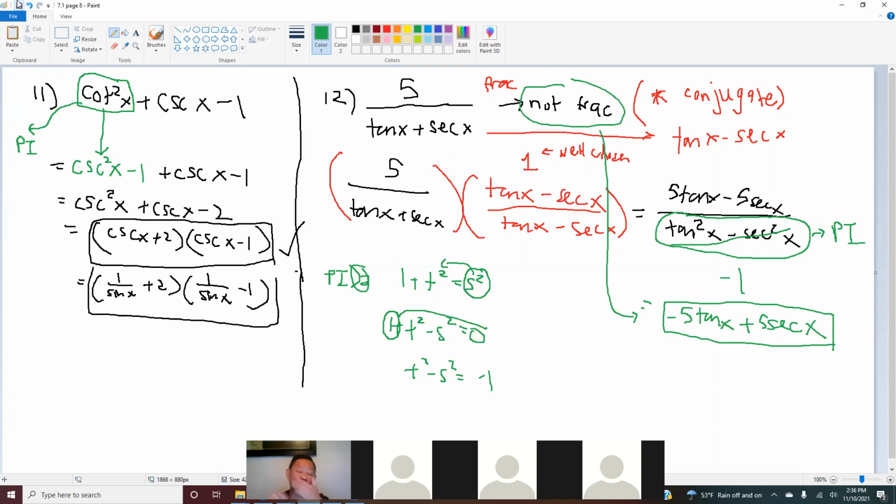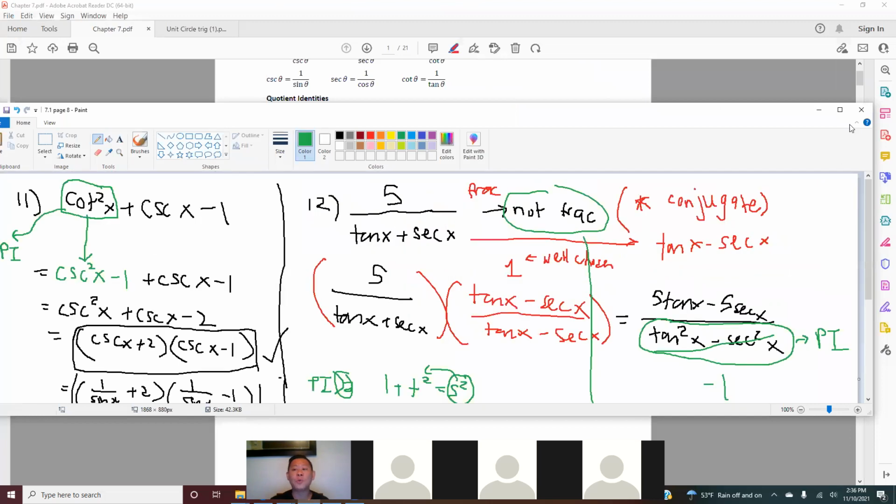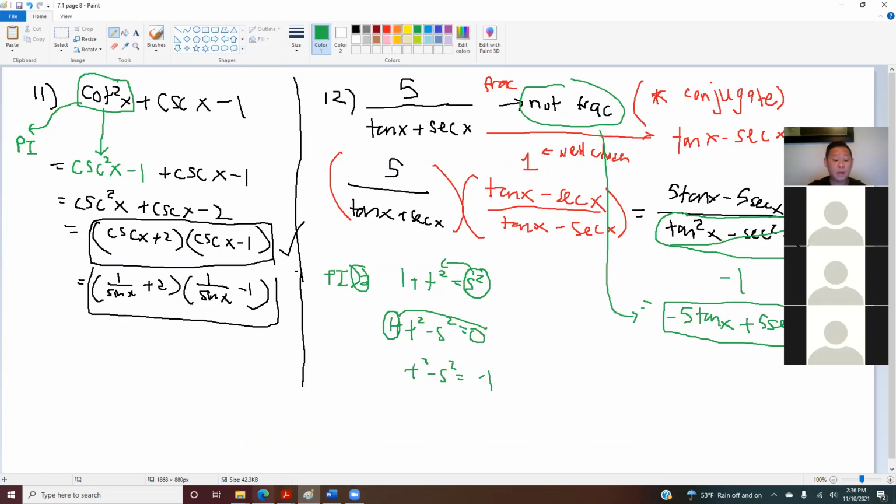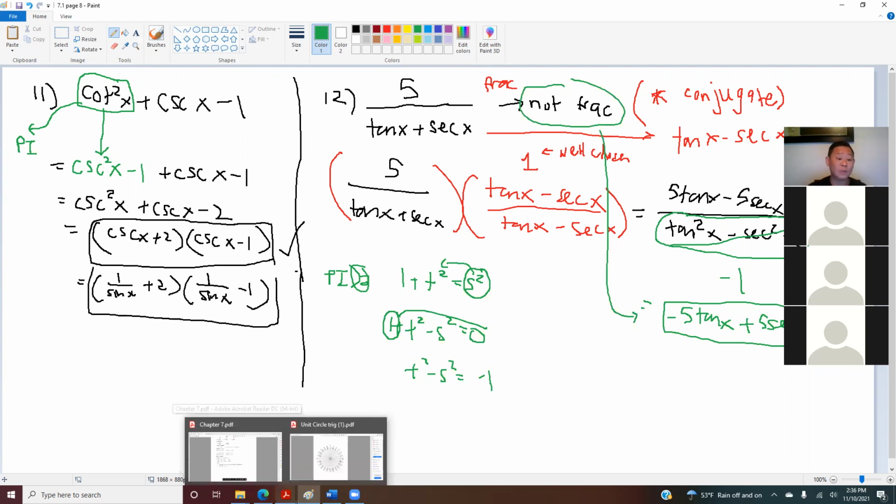So these are all the tricks that you learned in this 7-1. As you look at the review for this test 3, none of the 7-1 comes out. The reason why is because what I usually want you to do is to practice this 7-1 and apply it in 7-2.